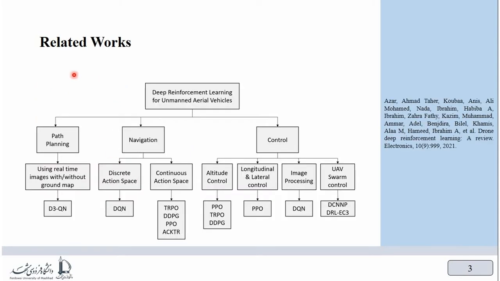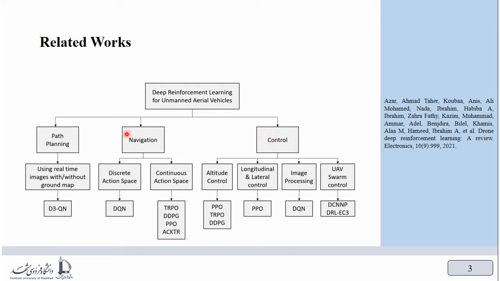So to overview the related works, we categorize attempts at using deep reinforcement learning for unmanned aerial vehicles into three categories. The first category, which you can see on the right side, is the control problem, which is producing low-level commands in order to make the drone stable in flight.